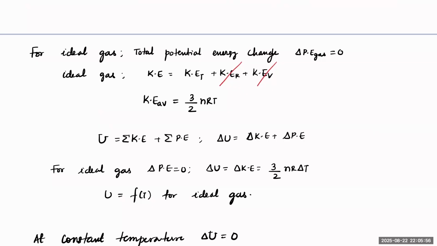That is about how internal energy for an ideal gas depends on temperature only. See, for an ideal gas, the total potential energy change is zero, correct? Why? Reason being, between the particles there is no interaction.